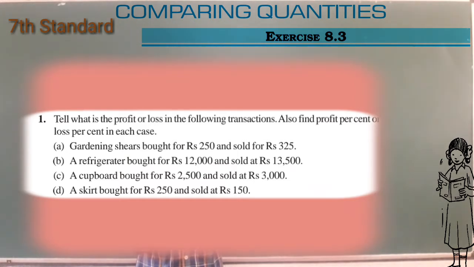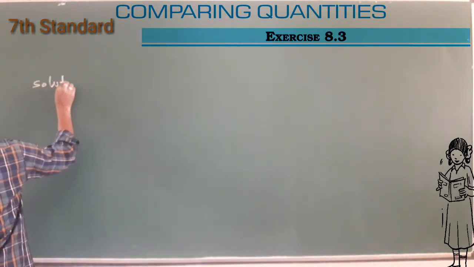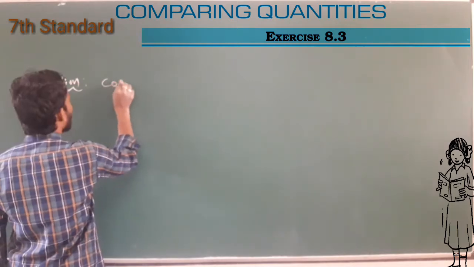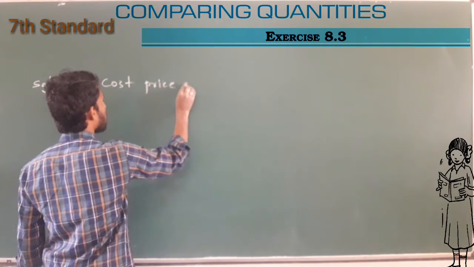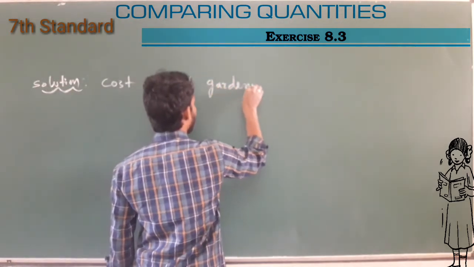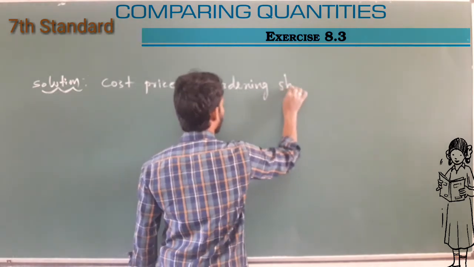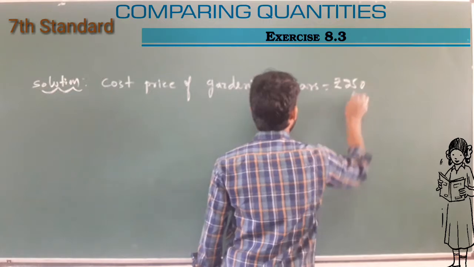First one. Gardening shares bought for 250 rupees and sold for 325 rupees. Okay, let us see the solution. Cost price of gardening shares is 250 rupees.